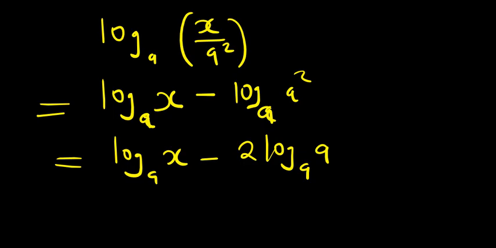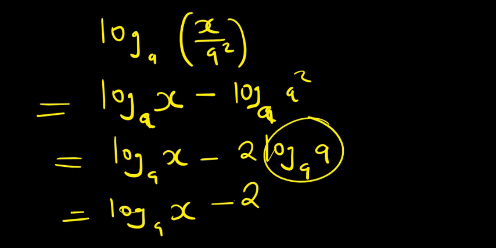Now when I solve this, what do I have? I'm going to have log x minus 2, because this whole expression will give me a 1, so I can just end it there. So that's how you solve this part of logs.